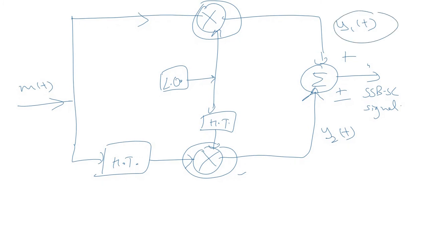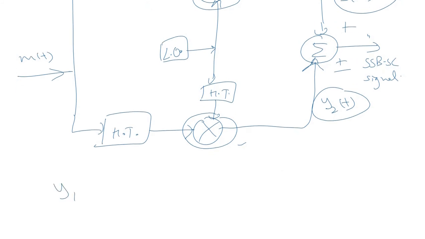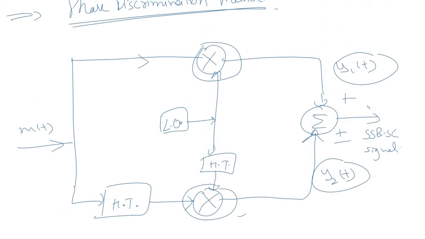y1 is the signal coming from the upper branch, and y2 is the signal coming from the lower branch. y1 t is the multiplication of the message and the carrier signal.